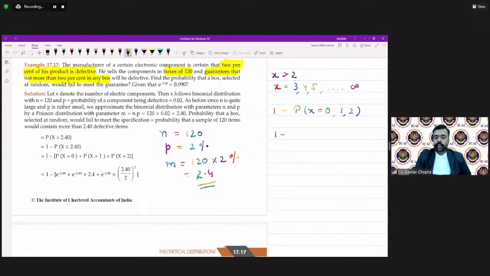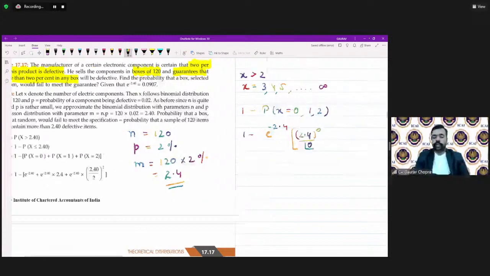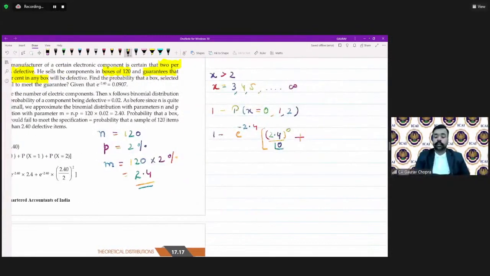So 1 minus e to the power of minus 2.4, this can be taken as common. Then m to the power of x: 2.4 to the power 0 upon factorial 0, plus 2.4 to the power of 1 upon factorial 1, and plus 2.4 to the power of 2 upon factorial 2.